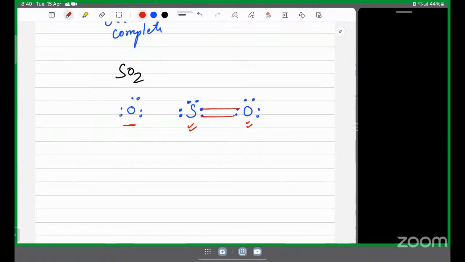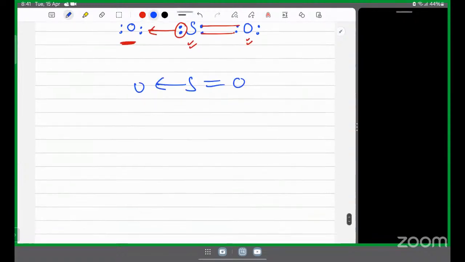But the other oxygen has an incomplete octet and sulfur has a complete octet. So sulfur will give 2 of its electrons by arrow bond to complete the octet of the remaining oxygen atom, and hence we will have the structure of SO2 as S double bond O, arrow bond O.